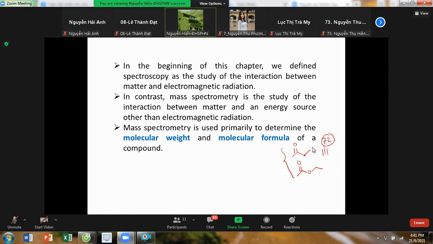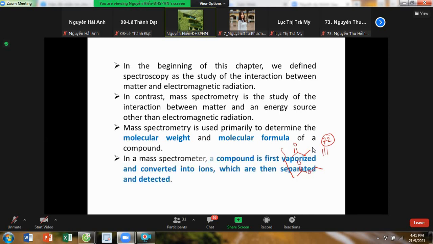Okay, so mass spectrometry is used to determine molecular weight and molecular formulas. The principle is your compound with samples is first vaporized and converted into ions, which are then separated and detected. Cái sample của mình có thể là gas sẵn rồi, nó có thể là liquid, nó có thể là solid.